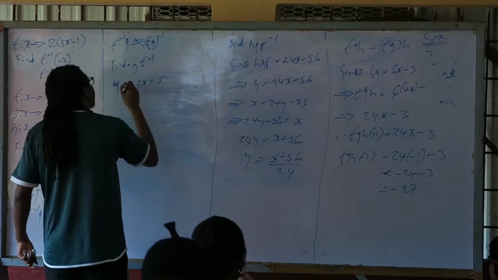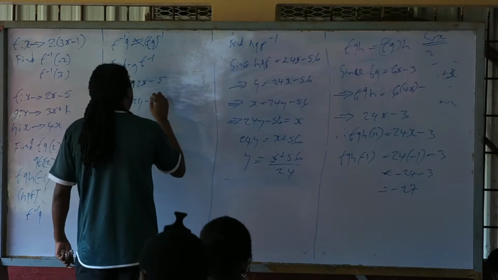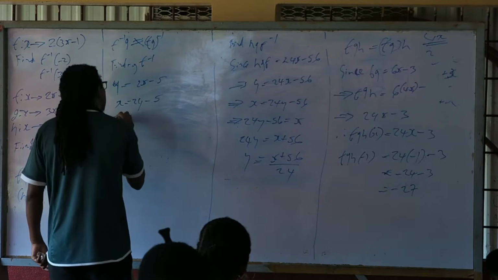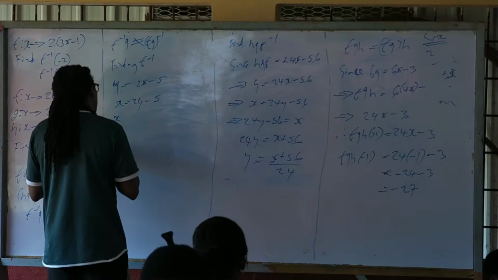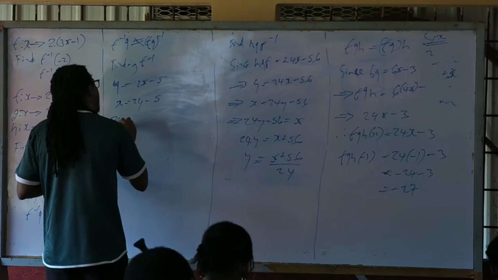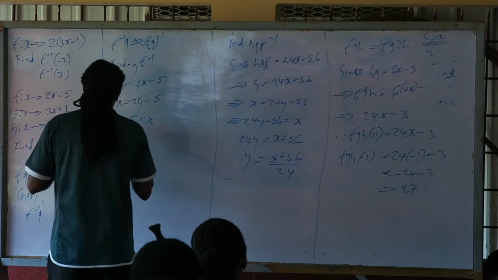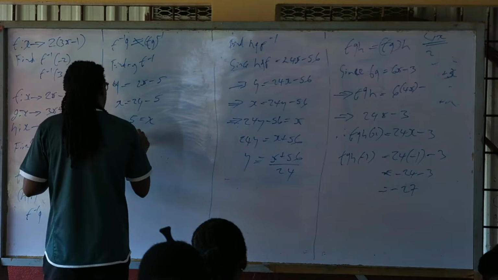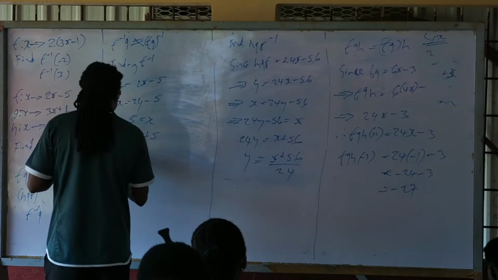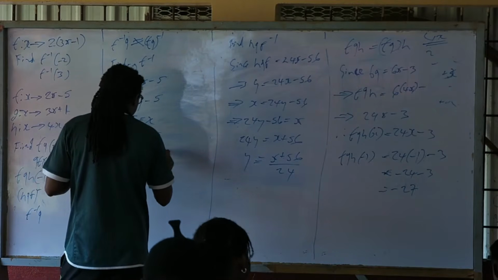This is y. x equal 2y minus 5. 2y minus 5 equal x. 2y equal to x plus 5. y equal to x plus 5 over 2.